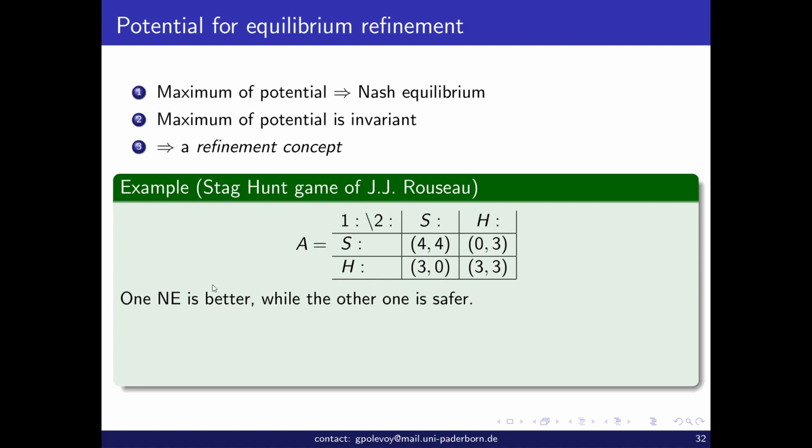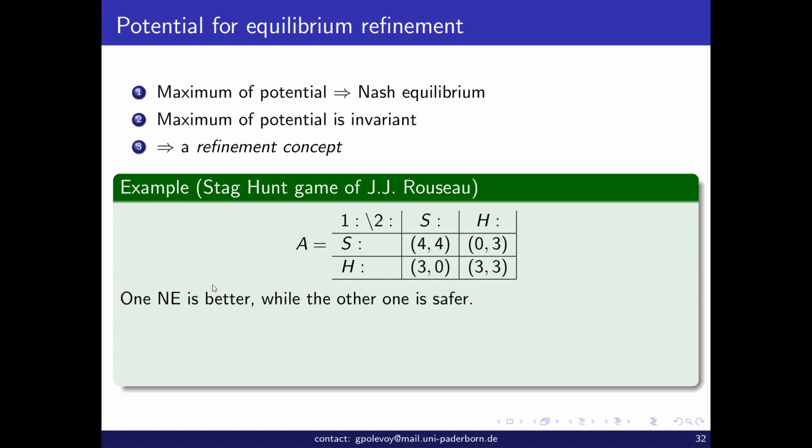But a maximum of potential is not necessarily every Nash equilibrium. It's only a subset in general. And that's something we have seen in the tutorial. And that is important. So knowing that subset gives us a way to have a special subset of Nash equilibria, which means that it's a refinement.